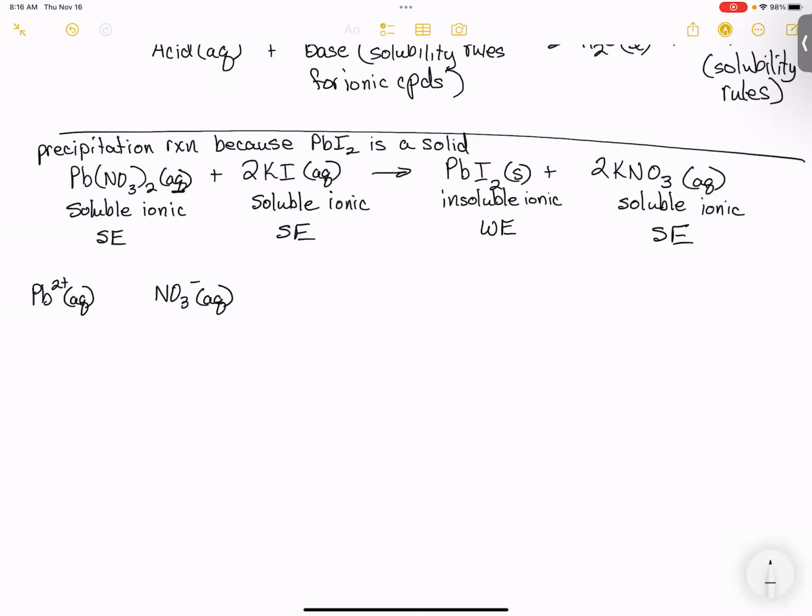Now we have to do something else too. This needs to be balanced. Well, from the lead nitrate, it was 1 lead and how many nitrates? 2. So we need a 2 out in front of the nitrates.